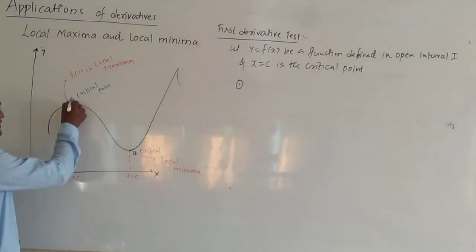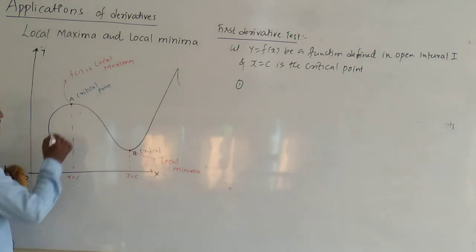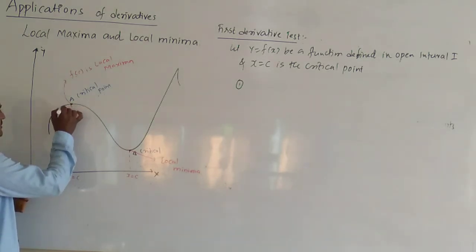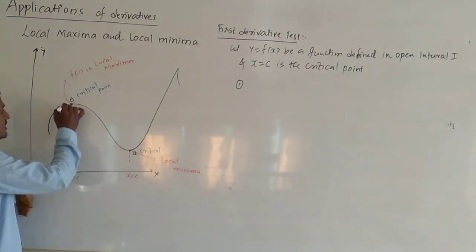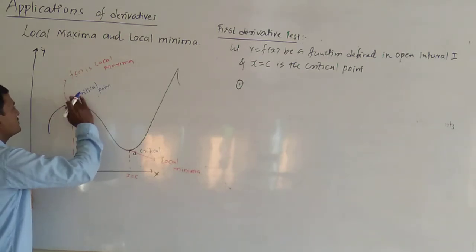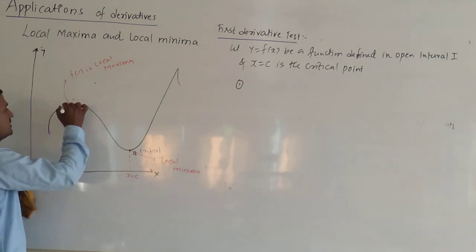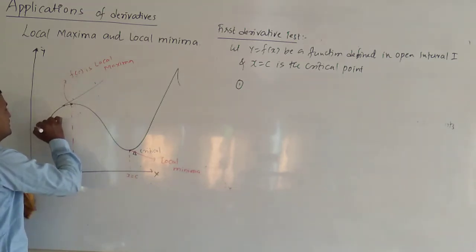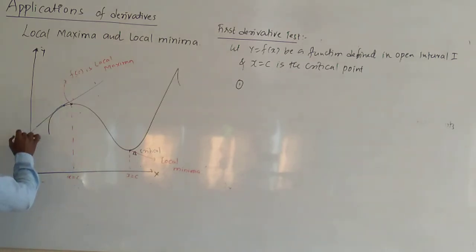So this is a point A or this is a point C. Now I want to draw a tangent in the neighborhood of this point A. So if I take the tangent here, this is the tangent, so clearly it is f dash of x.